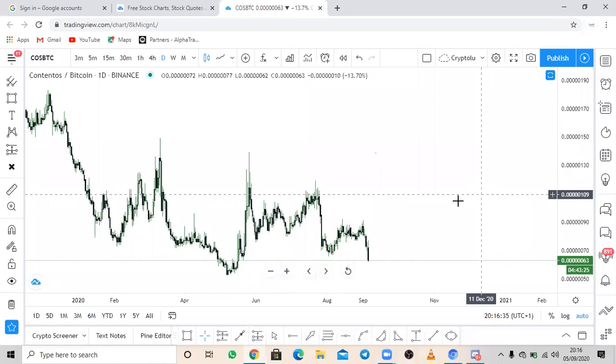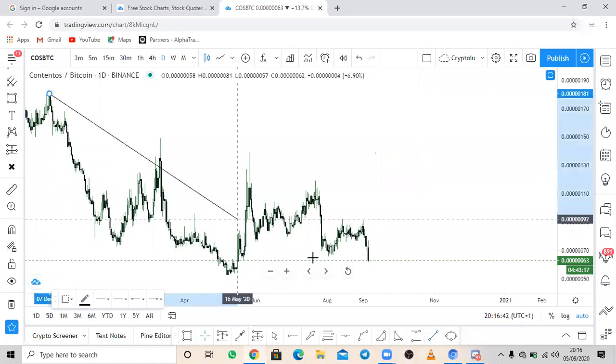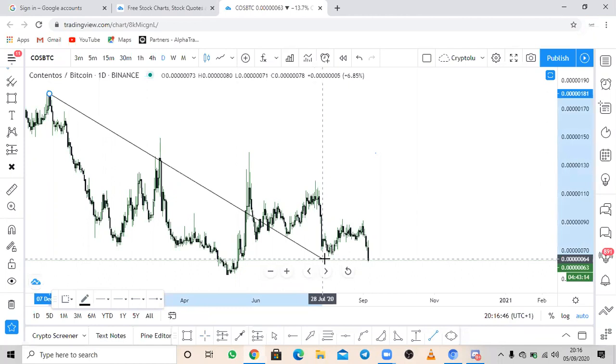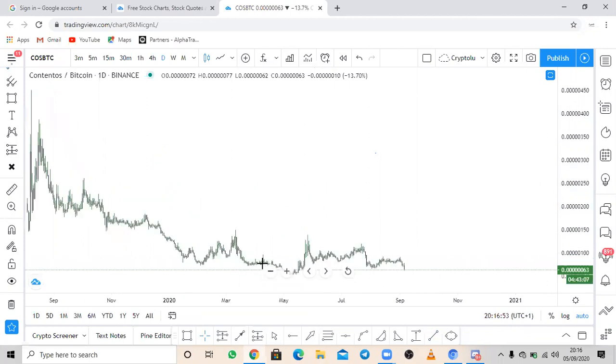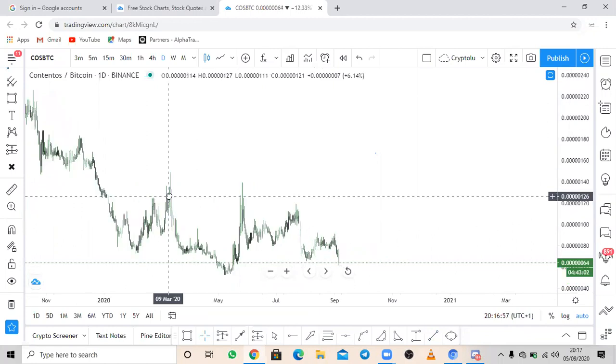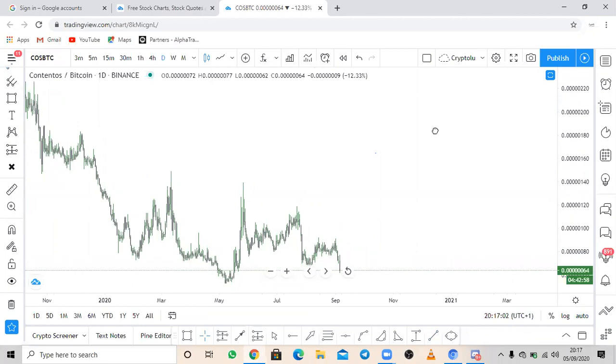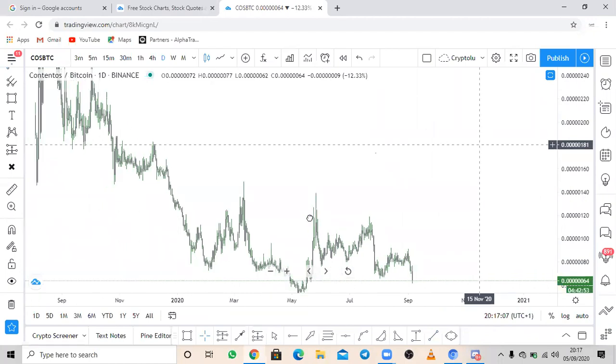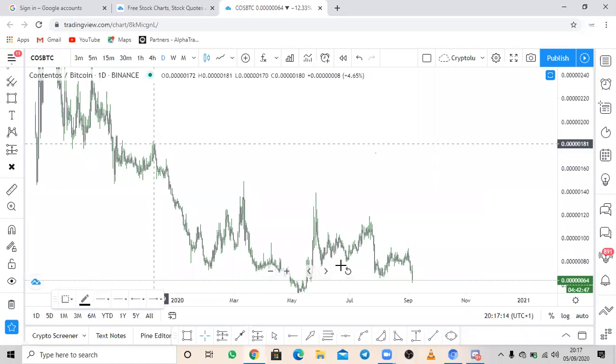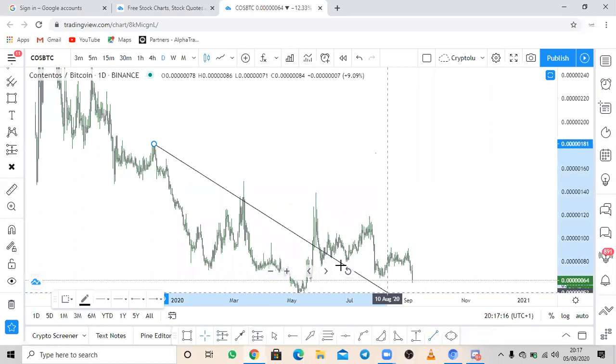Now from this point here, when I draw a downtrending resistance trend line from this point here all the way down here, my network is starting to misbehave.